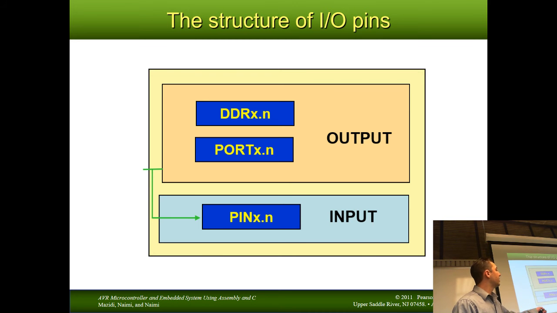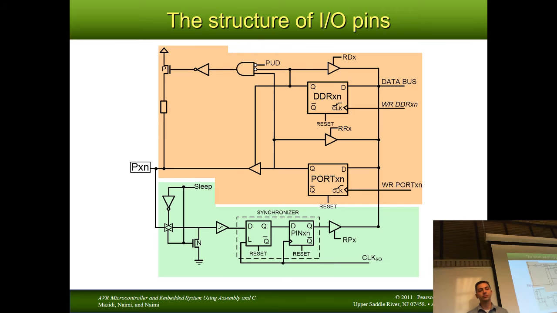Inside of each of these, there's more hardware, and it's stuff that you should be familiar with from 260, from Digital Logic. Here it is again. I have colorized it. This is the output section. That's the input section.